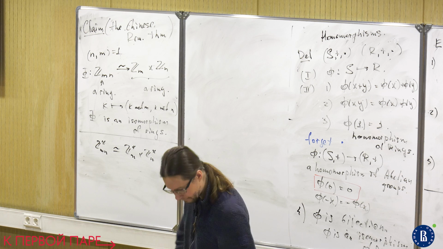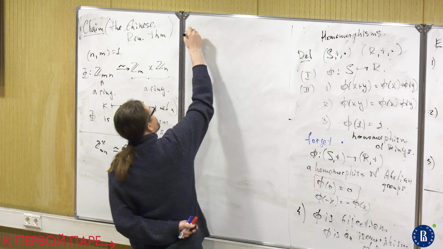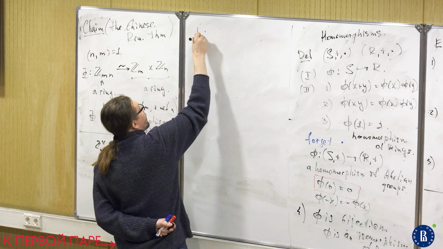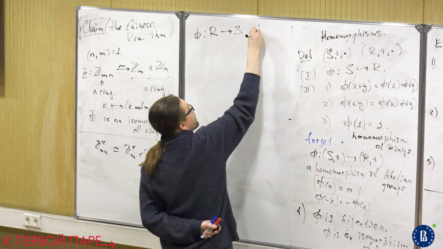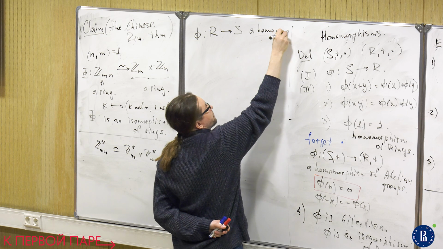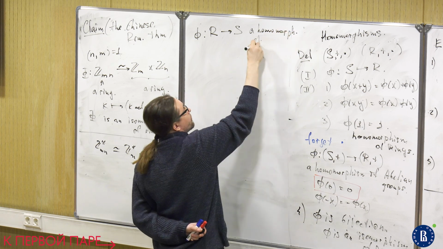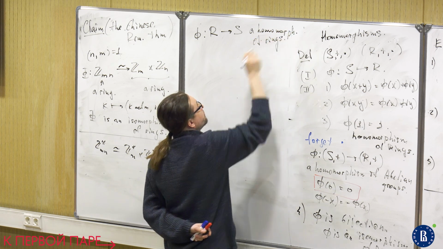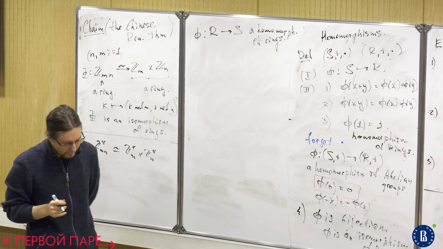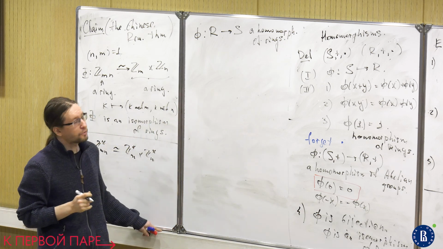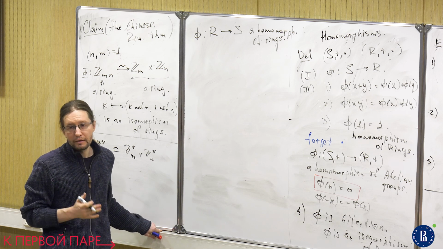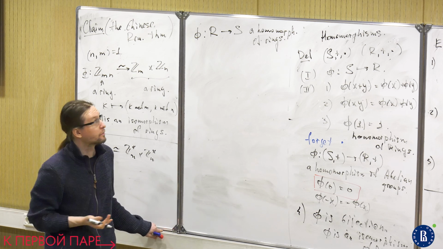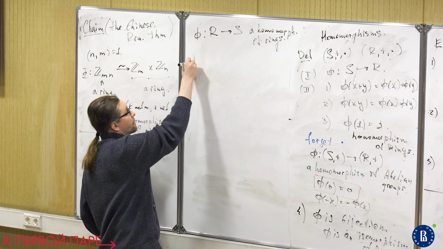Now, the next thing. Suppose we have a homomorphism from one ring to another one. In case of groups, we had the notion of an image and a kernel. And here we also have an image and a kernel. And the definition is exactly the same.